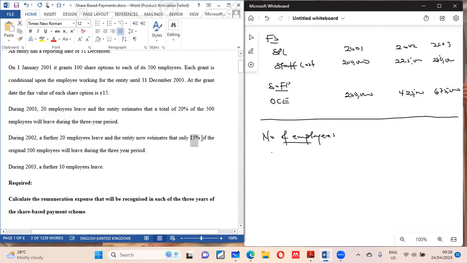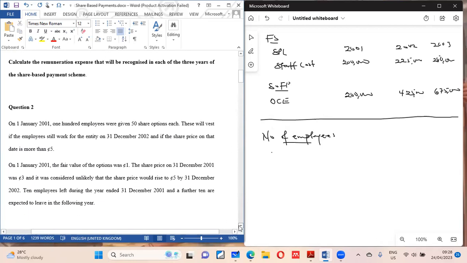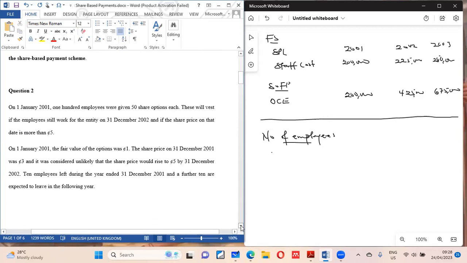Then we will now do 15% of the remaining people, because in 2002, we already know that 20 people have left. But it's English, it says 15% of the original. And over here, like I said, when we are at the vesting date, we don't need estimates. We just need the reality.